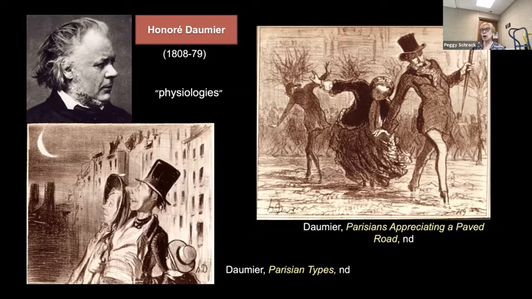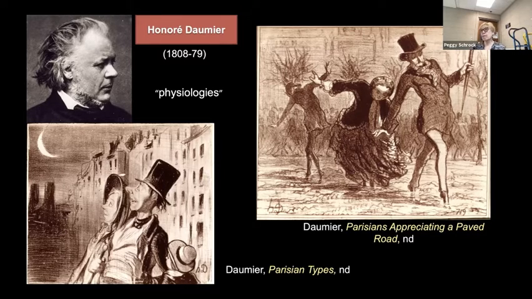Daumier is generally known as a political cartoonist, because a lot of his images were made for reproduction in magazines and pamphlets, as that is really prominent in the 1830s and 40s. There's this proliferation of small print media, because in the 1820s they had just invented a new printmaking technique called lithography.